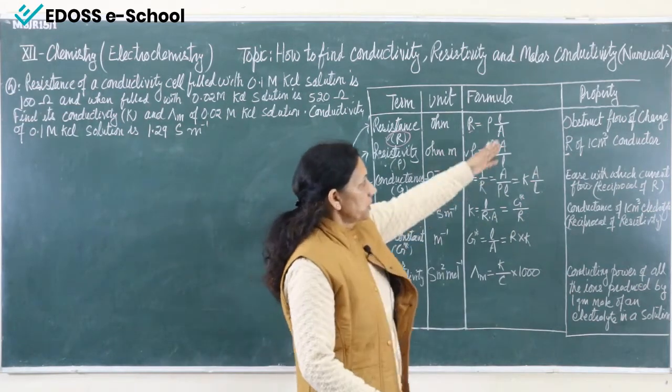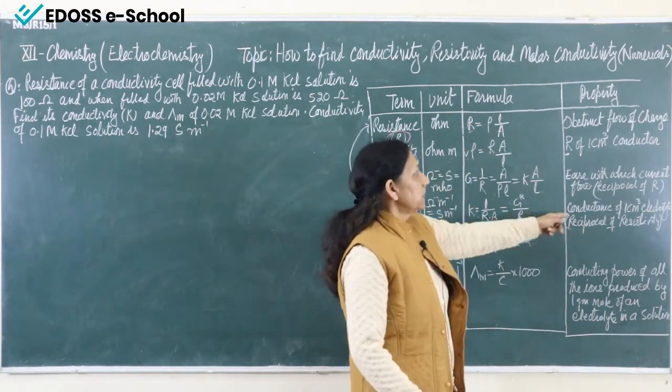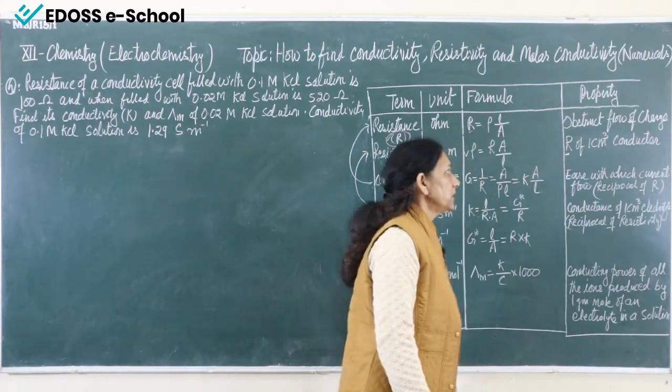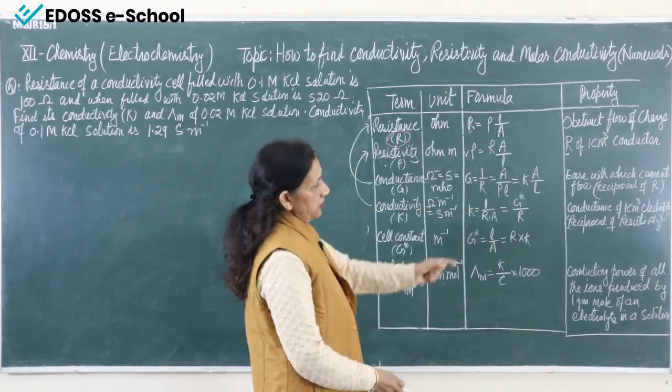So what is the property? You can see here, this is the conductance of 1 cubic centimeter of electrolyte.